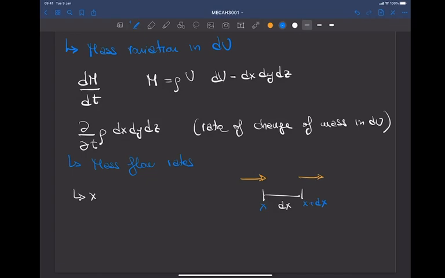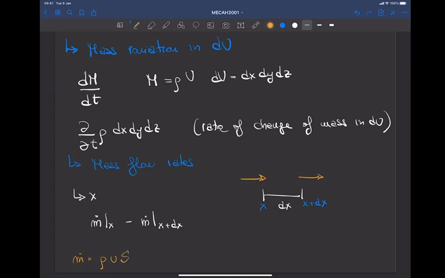What we have to do basically is to subtract the mass flow rate evaluated at x minus the mass flow rate evaluated at x plus dx. And you have to remember, of course, that the mass flow rate is expressed in general as rho, a component of velocity, which in this case is u, we call u the velocity in the x direction, times the section.